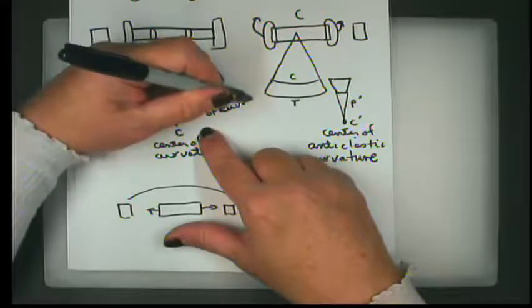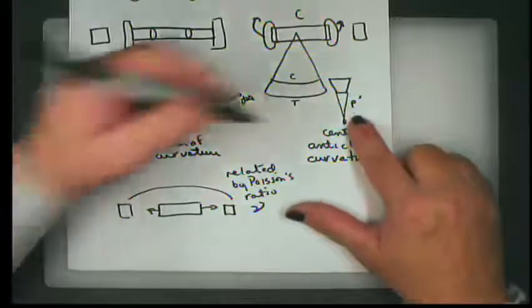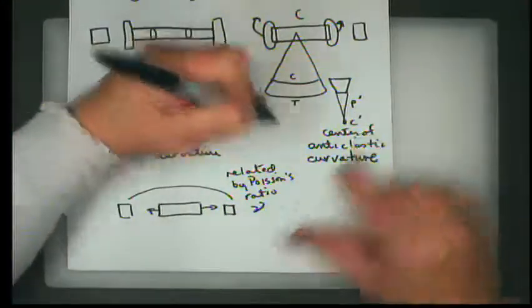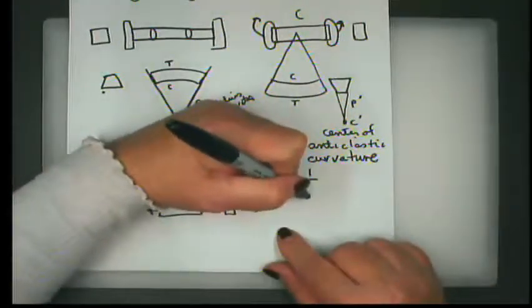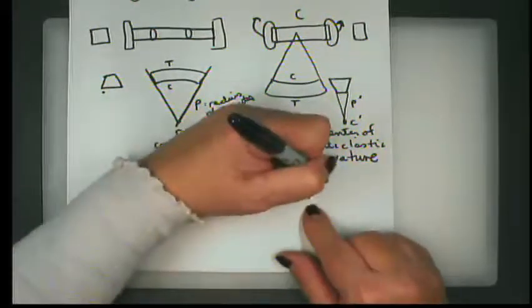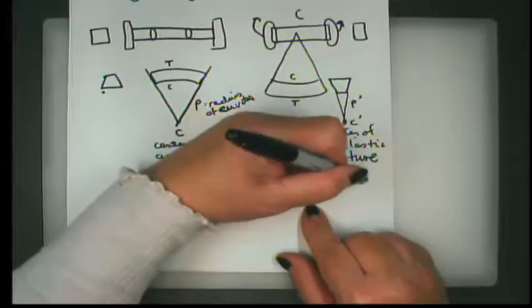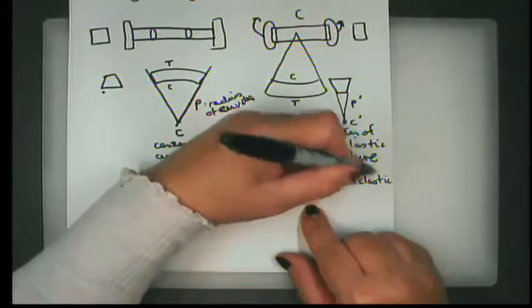Although rho prime is often called the radius of anticlastic curvature, the term we use, just as a convention, is 1 over rho prime, which is just called anticlastic curvature.